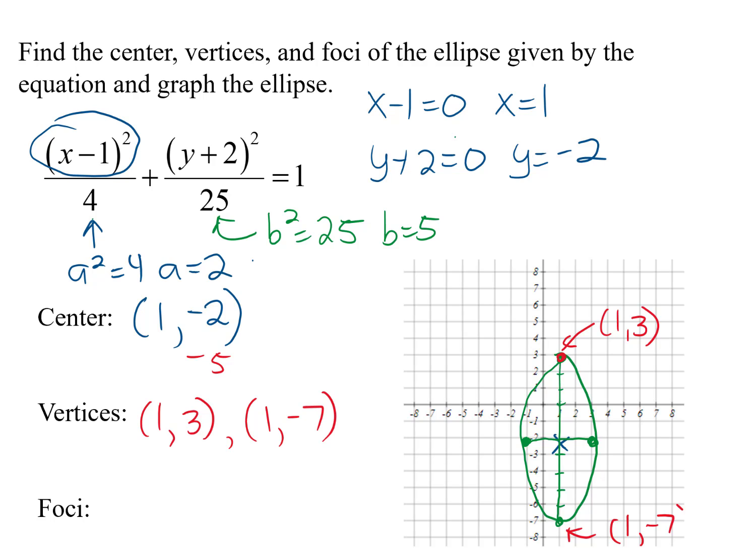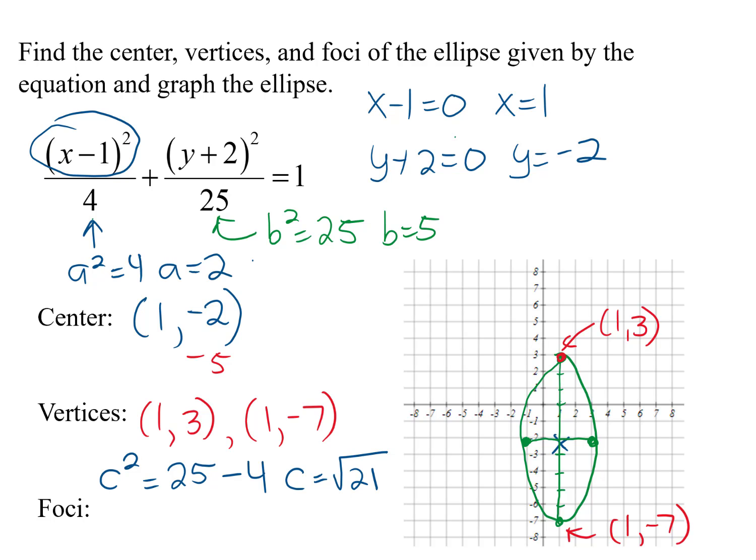So there's our vertices. Now to figure out the foci, we know that c squared will equal the larger of the denominators minus the smaller, so b squared minus a squared. So c is going to be the square root of 25 minus 4, which is the square root of 21.